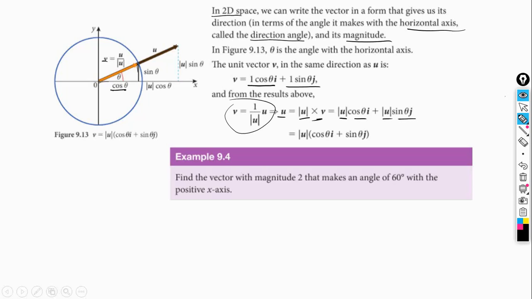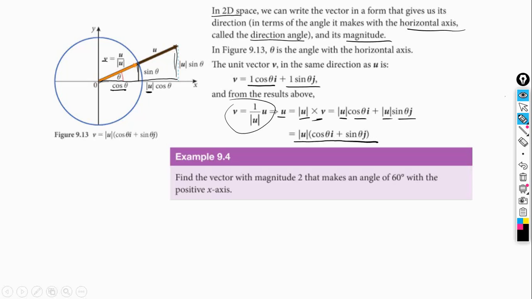Notice that this multiplication would extend this vector with a magnitude of u for cosine and the same thing for sine. So in general, we can find a vector in terms of the angle it forms with the horizontal axis by using this simple formula.